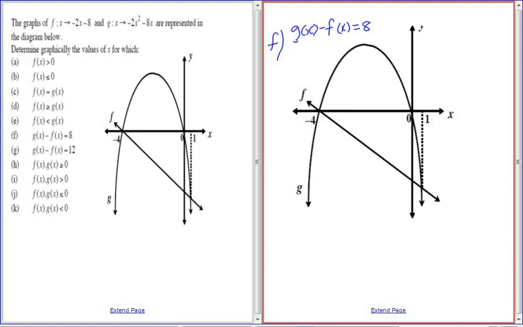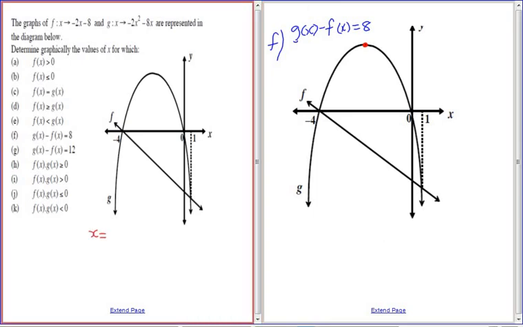Normally when they ask you something of this sort, it will be possible to get things like that. What will be the turning point for this function? I hope you still remember that if we want the turning point, we say x is equal to minus b over 2a. Let's calculate it. It will be x is equal to negative, our b this time around is -8.